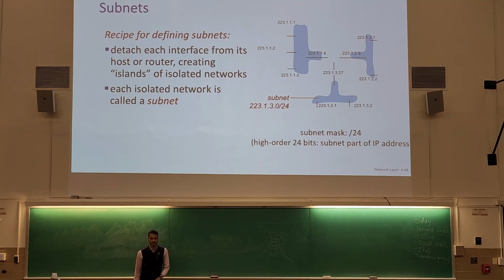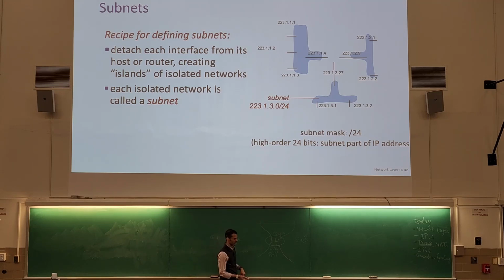So when we write a.b.c.d/x like this, the x portion refers to the subnet mask. How many addresses does this subnet have? Well, Jason: 2 to the 32 minus x. Correct. 2 to the 32 minus x.